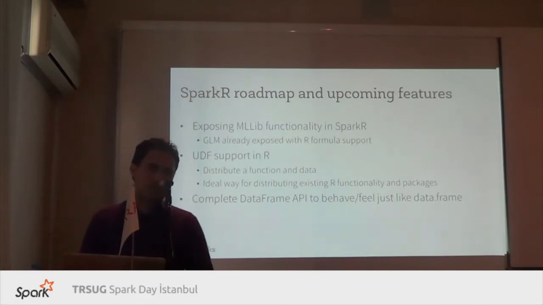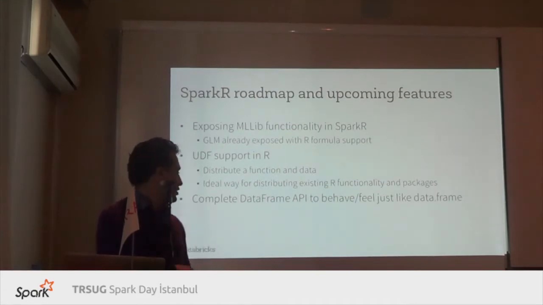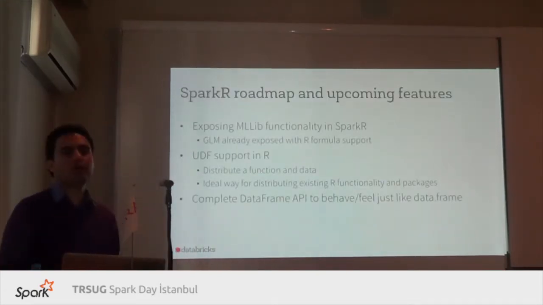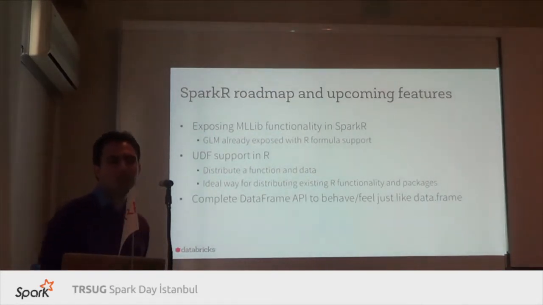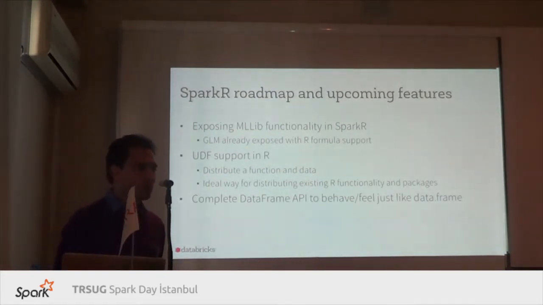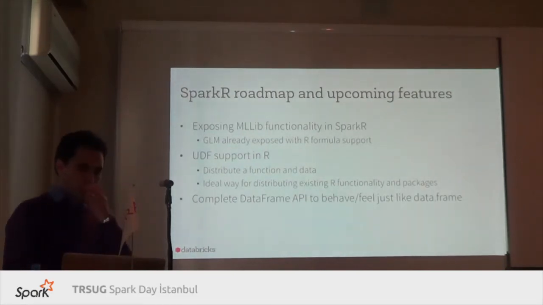But based on my conversations with the active members of the SparkR community, and looking at the JIRAs, these are the three things that are planned for the next 1 or 2 releases. First, exposing existing MLlib functionality beyond GLM in SparkR, so we can use machine learning out of the box in your R environment. That's work going on.